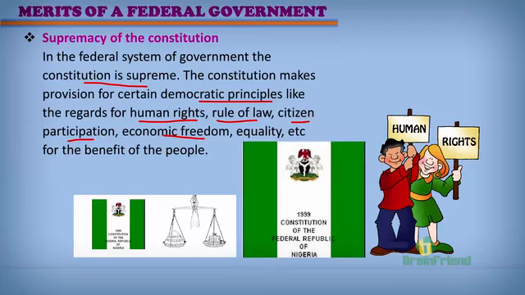The people are able to benefit from all of these provisions of the Constitution. So that is one other advantage enjoyed in a federal system of government, whereby no one is above the law. Everyone is made to respect and act within the laws, making both the rulers and the ruled act within the laws.